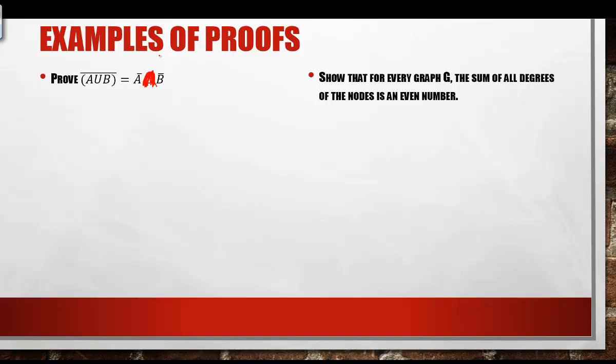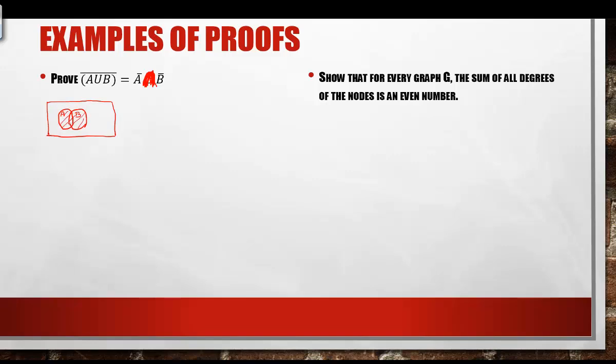It's actually easy to see in the Venn diagram, but Venn diagrams are not proofs, though they could help us see. As I said, just draw examples and so forth. So if I have A and B, their union is that.